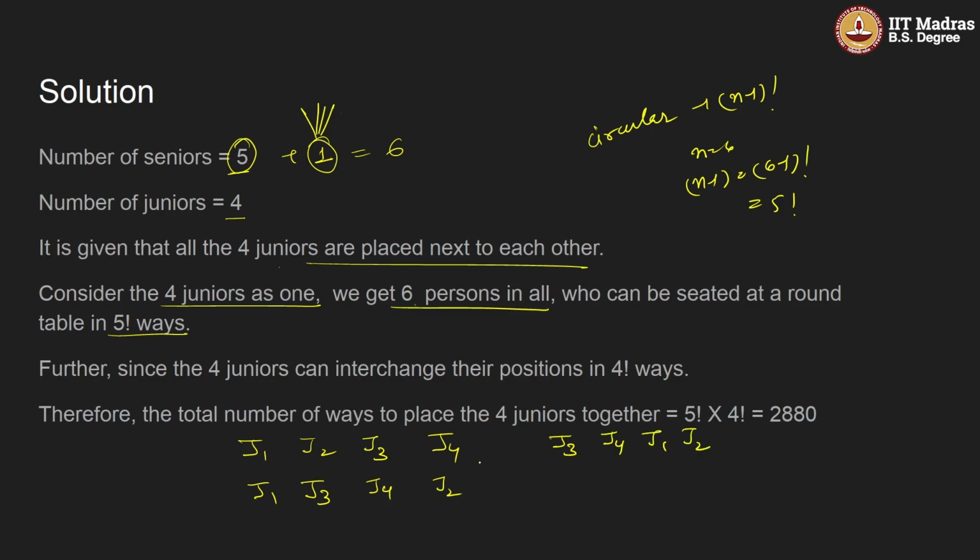So they can arrange themselves, they can interchange their positions, right? So there are 4 factorial ways. So therefore the total number of ways to place the 4 juniors together will be 5 factorial into 4 factorial by the multiplication rule of counting, which will be equal to 2880. Okay. Thank you.